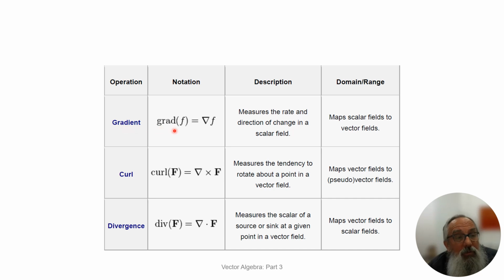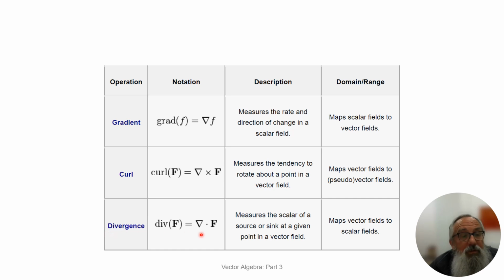To summarise this notation and the names for it: the gradient is sometimes written grad f. For example, it measures the rate of change and direction of a scalar field. We see that in maps and scalar fields with vector fields. Curl is the cross product, so it's the div operator crossed with the vector, and it's looking at the rotation of a point around the field.